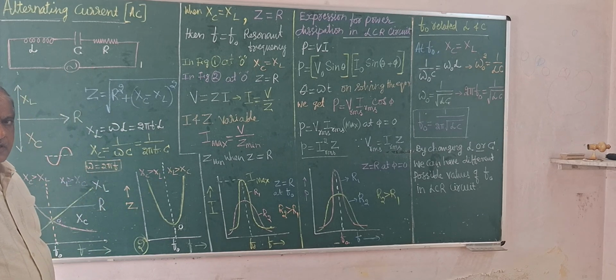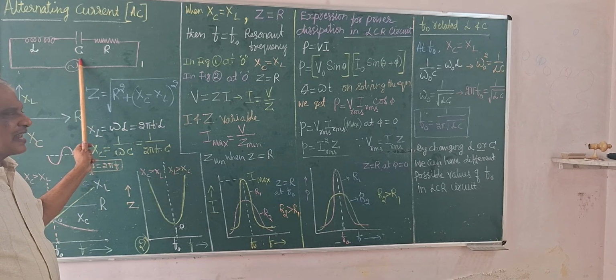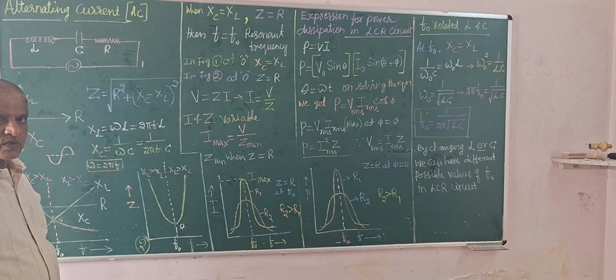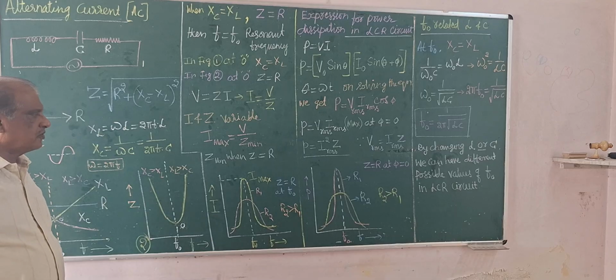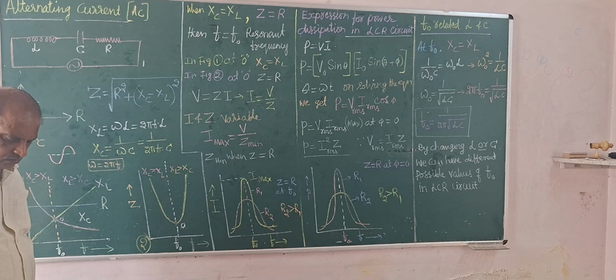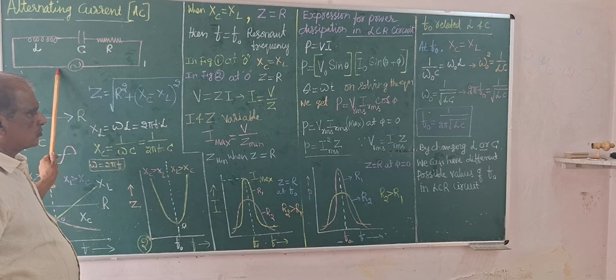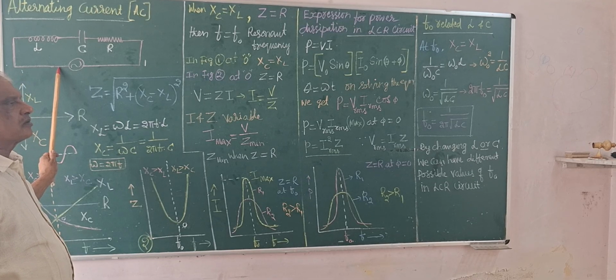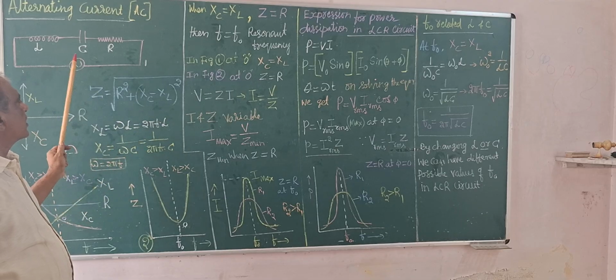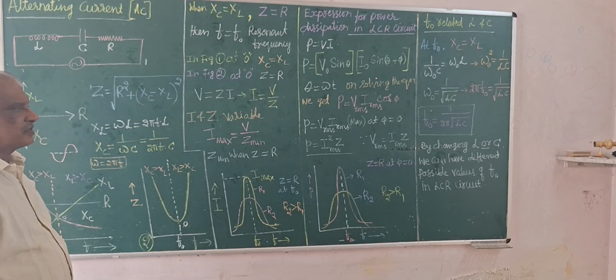This is why we are using LCR for selection of frequency or selection of broadcast station, both in radio as well as TV set. So that is the application as well. One way it is acting as a filter, and the other way we are using it as a selector, selecting the different stations.